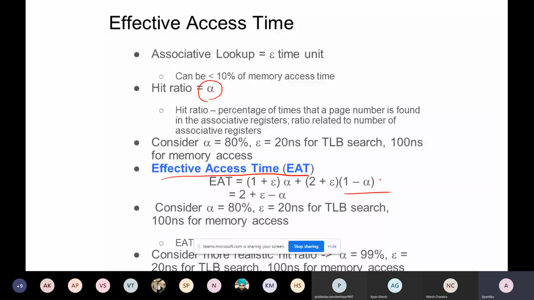So whenever you are considering your effective access time, in worst case, you have to consider both the hit situation and the miss situation, considering your possible hit ratio and miss ratio that you have counted. So that way, effective access time should have the effect of both hit and miss.